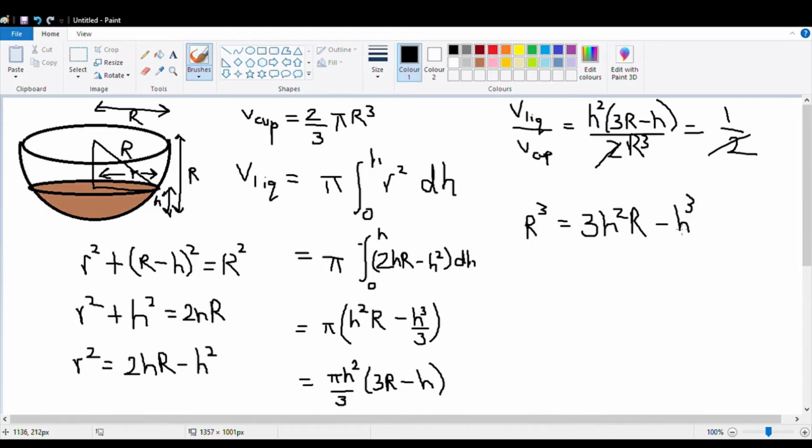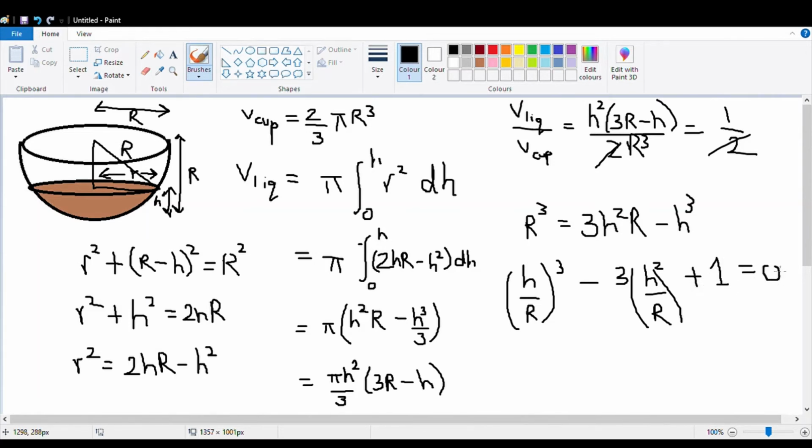So we can divide everything by R cubed and we get (h by R) whole cubed minus 3 (h by R) whole squared plus 1 equals 0.